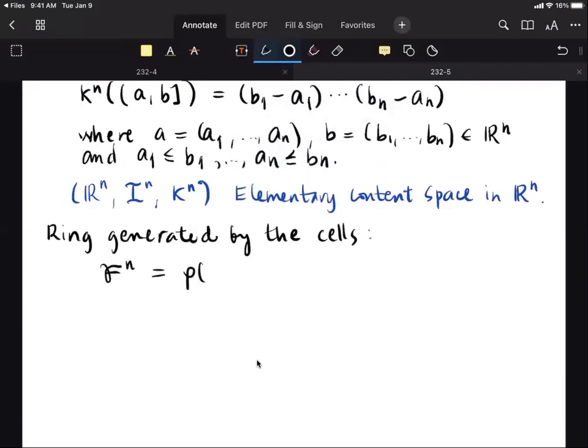So this is the ring generated by the cells. The F here comes from the fact that we shall call pairwise disjoint unions of cells figures. So ring of elementary figures in Rn.